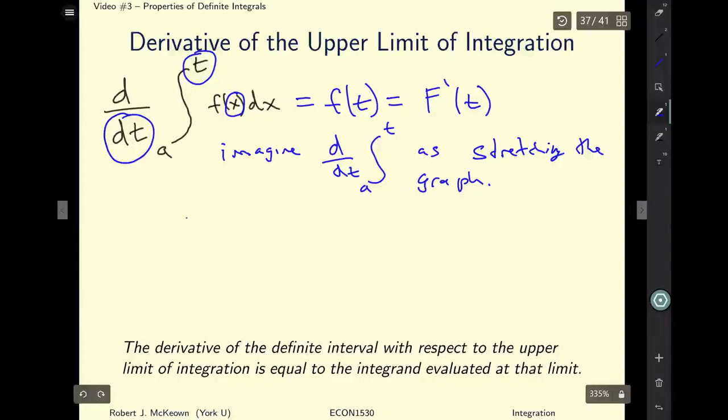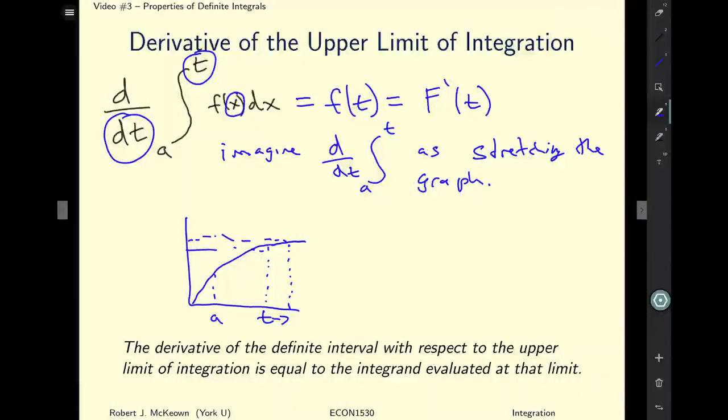Right, we've kind of got a function, and maybe it looks like this, and t is right there, maybe a is there, and we're going to move t over to the right. I didn't give myself a lot of room, so I'll have to make the curve just a little bit bigger. Imagine what would happen if we move t over there. Well, it's going to get a little bit bigger. In this case, with this function, it should get a little bit bigger.